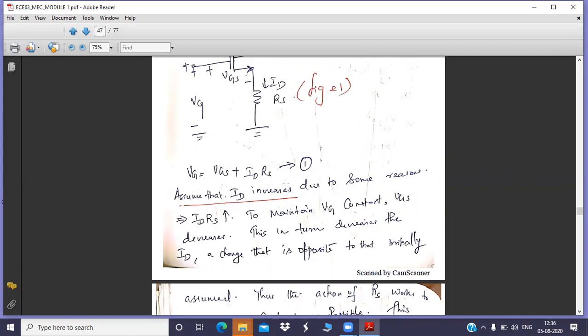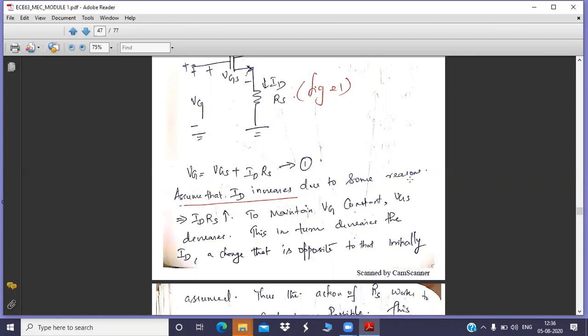So to validate this equation, left side is constant, isn't it? So to make VG constant, whatever increment you have in ID RS, by the same factor you should observe some sort of decrement in VGS. For example, if you have a 2-volt increment in ID RS, then there should be a 2-volt decrement in VGS so that VG will remain constant. So that is what's happening here.